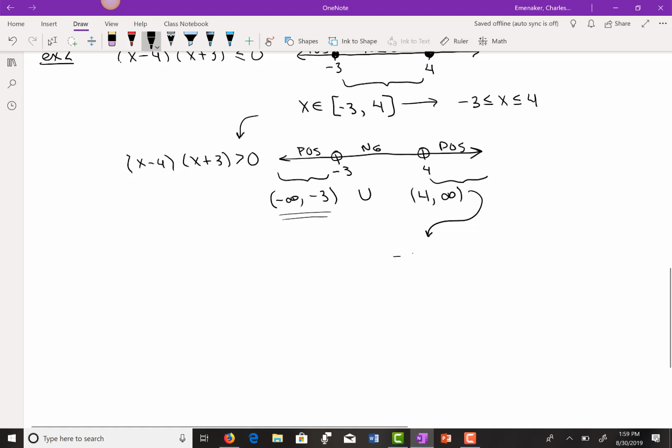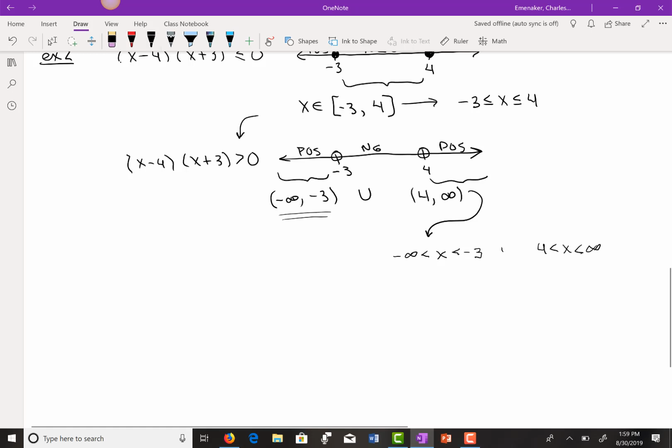Well, how about something like -infinity is less than x, less than -3. Along with that, now we're going to do 4 less than x less than infinity.